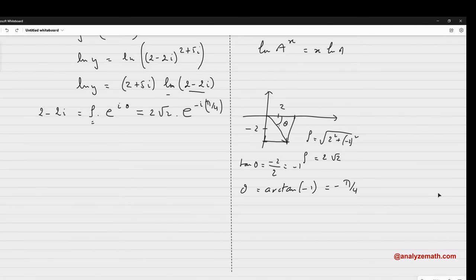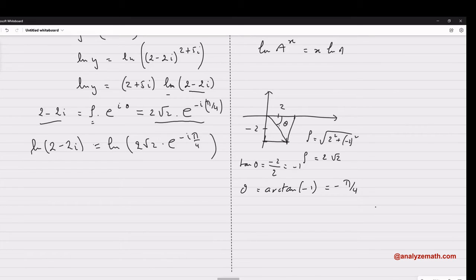Now remember, we need the ln, the logarithm. So the ln of 2 minus 2i is also equal to the ln of 2 square root of 2 e to the power of minus i pi over 4. Good.